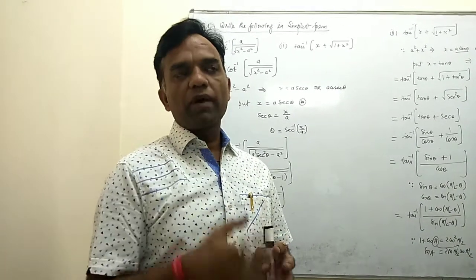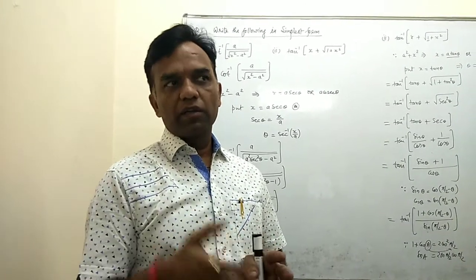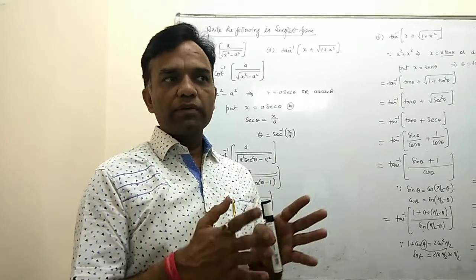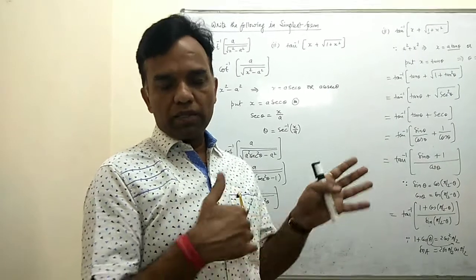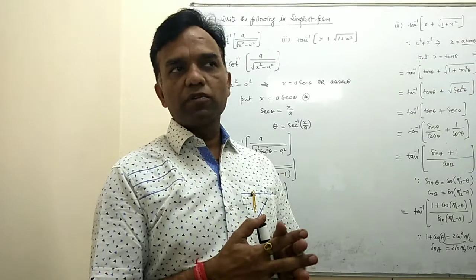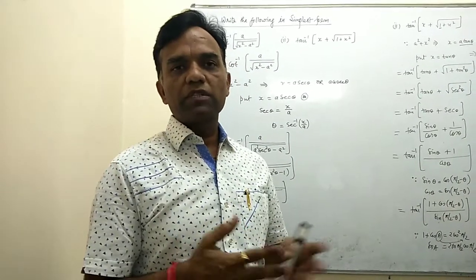So first you revise the concept of trigonometrical identities and ratio formulas, and then whichever formula is comfortable for substituting in the inverse trigonometrical questions, that formula you substitute, and then the whole question converts into the simplest form.